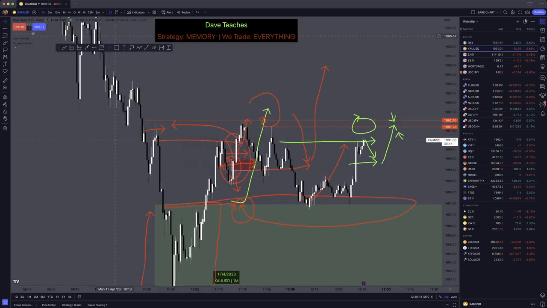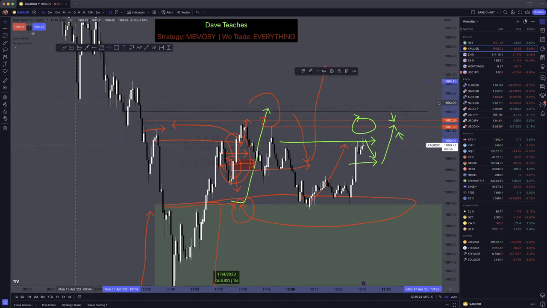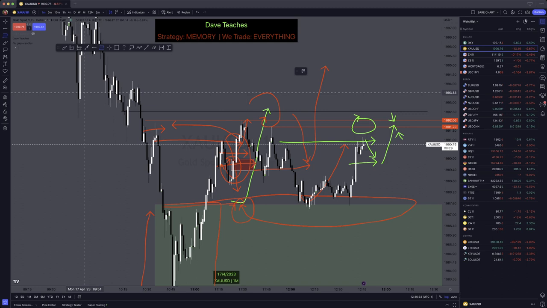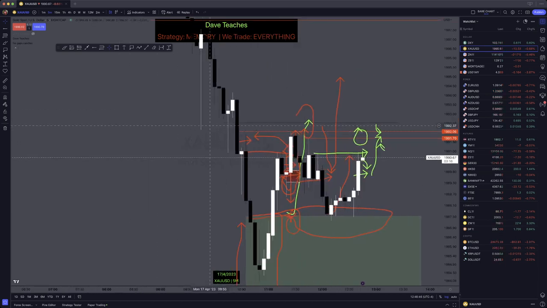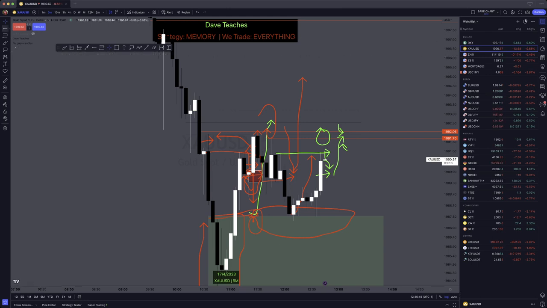To in turn tap into, actually, let me look at what time frame this is on up here. Oh, nice little doji. Let me see. We have this.